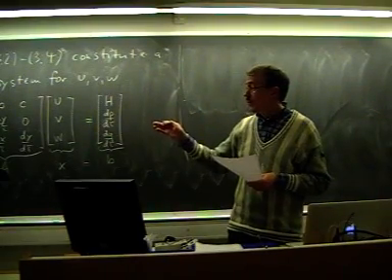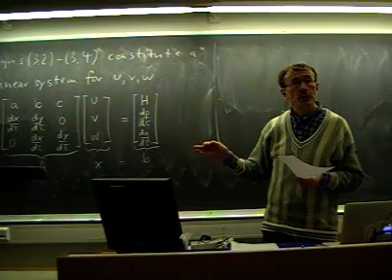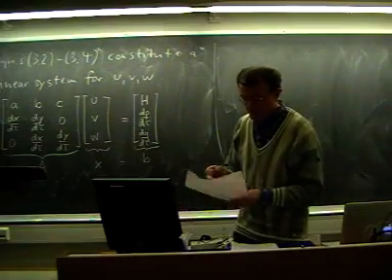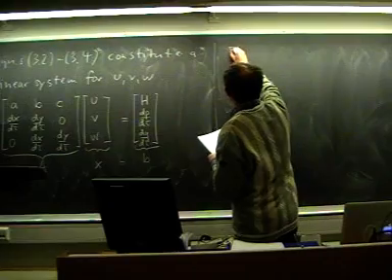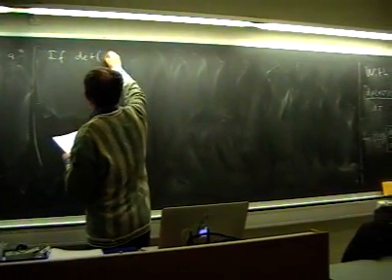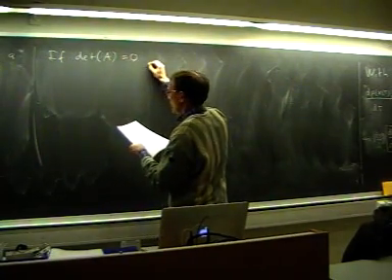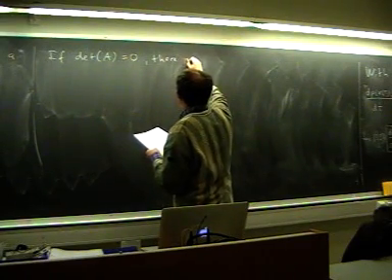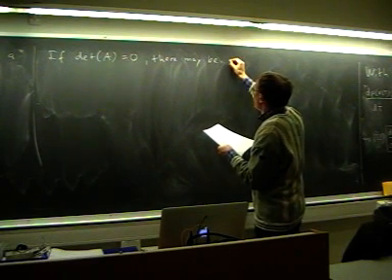But if the determinant of A is 0, then we might have a non-unique solution. So that will be our condition: if the determinant of the matrix A is 0, there may be a non-unique solution.